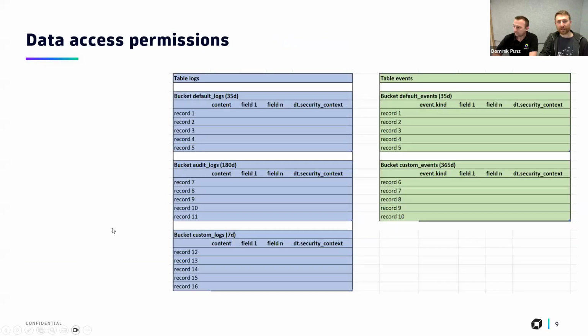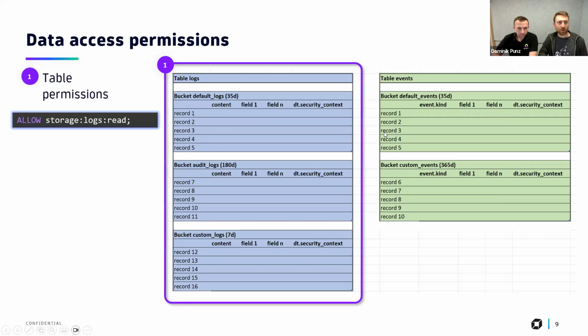I'm bringing back this picture of our tables and our buckets, and we'll take a look at the different granularities of these permissions. First of all, there are table permissions, like you've already seen: allow storage logs read, events read, and so on. This will give you access to the full table.